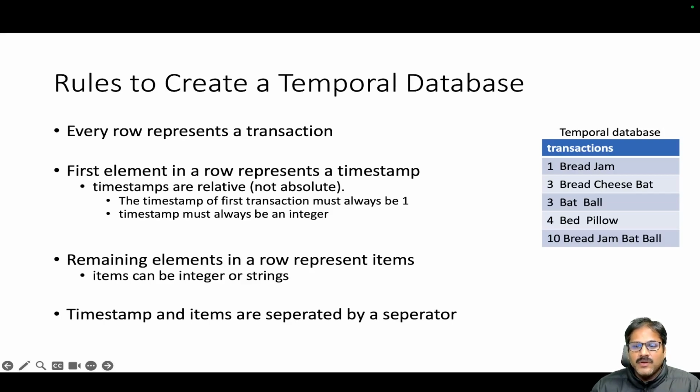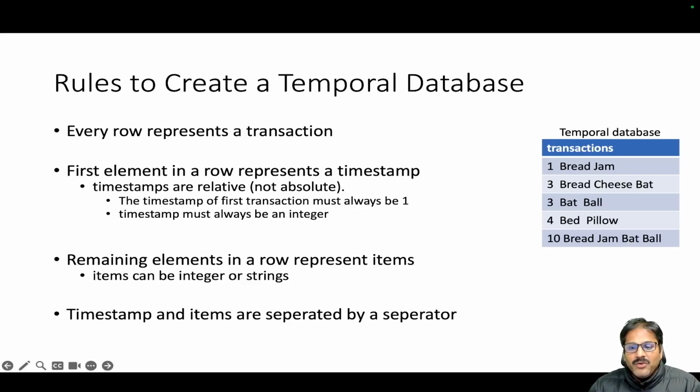Next, items in a transaction can be integers or strings. Then in a transaction, timestamp and items are separated by a separator. Please note that we do not consider timestamp as a column.